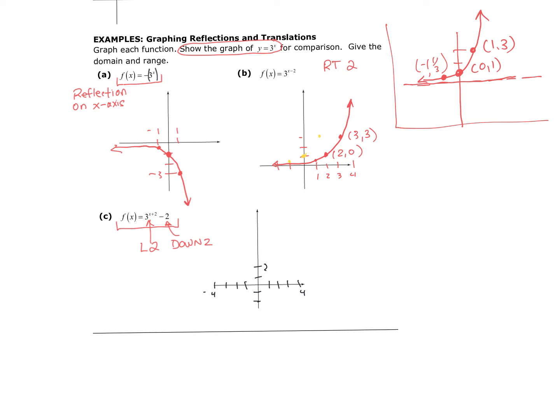Just for reference, I'm going to put those initial 3 points here in yellow. So that would be (0, 1), (1, 3), and (-1, 1/3). And for each of those points, I am going to go left 2 and down 2. The asymptote also goes left 2 and down 2.